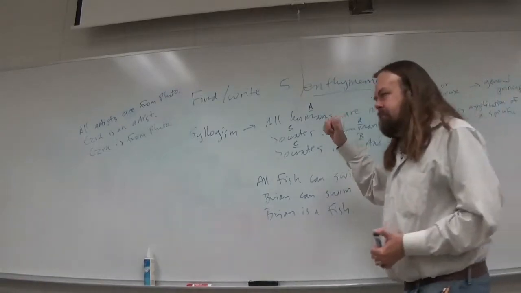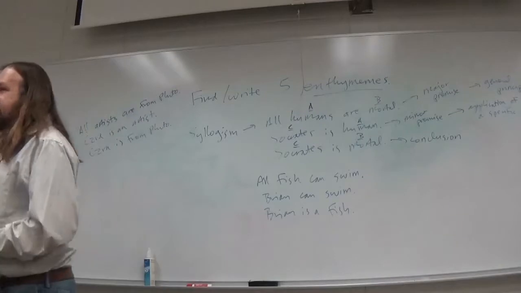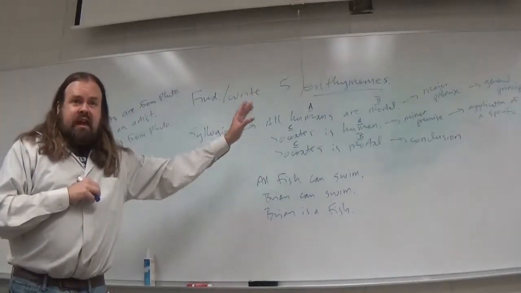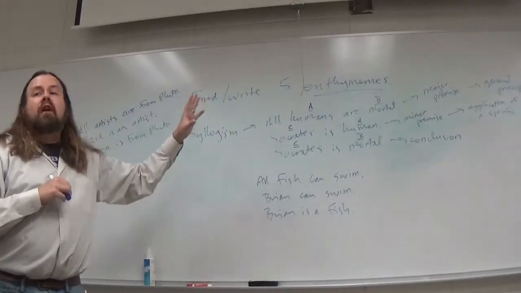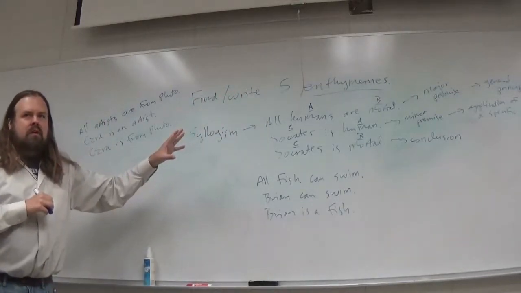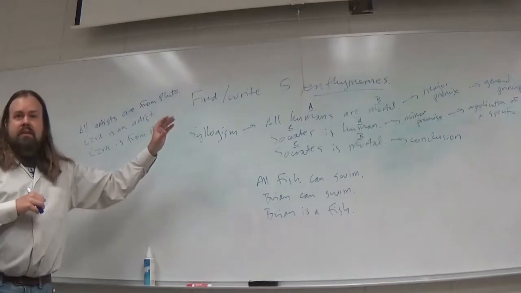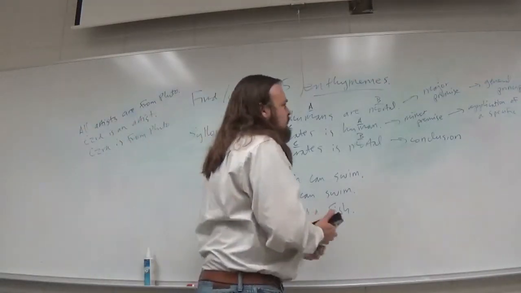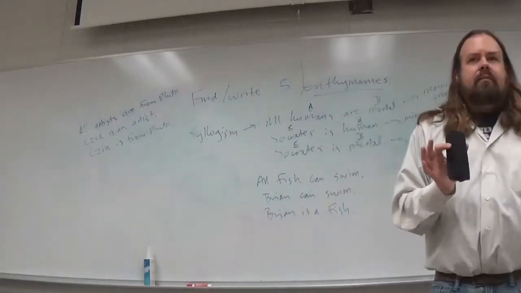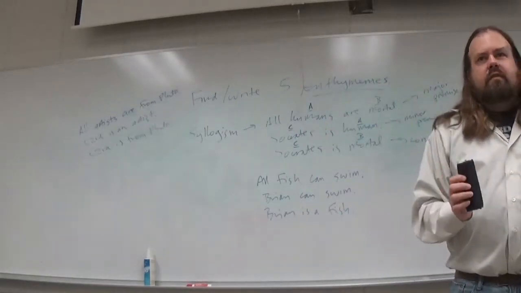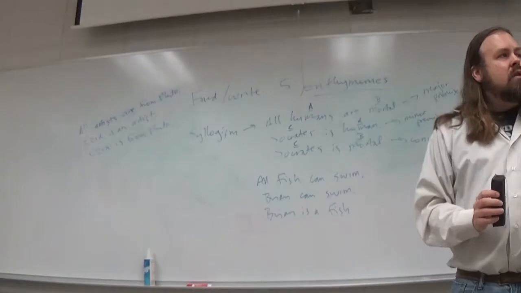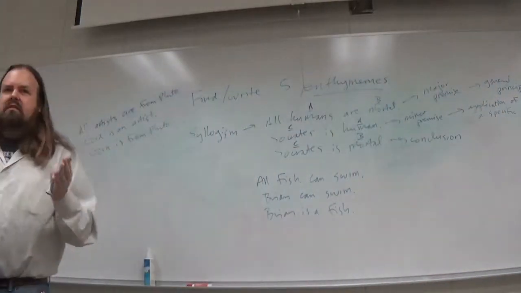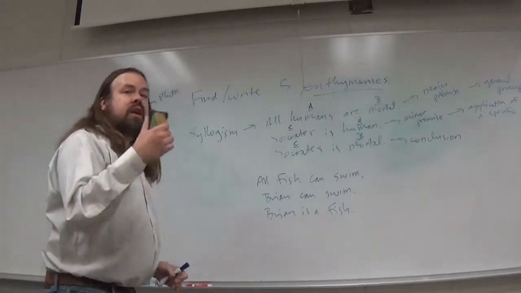So an enthymeme is basically a syllogism that leaves one of the premises unstated, right? You have to infer what the unstated premise is. So to give you an example of what one looks like, right? We see these all the time in daily life. We see them in advertising, we see them in song lyrics, we see them in movies, we see them on TV, we use them in conversation, we just don't realize it, right?